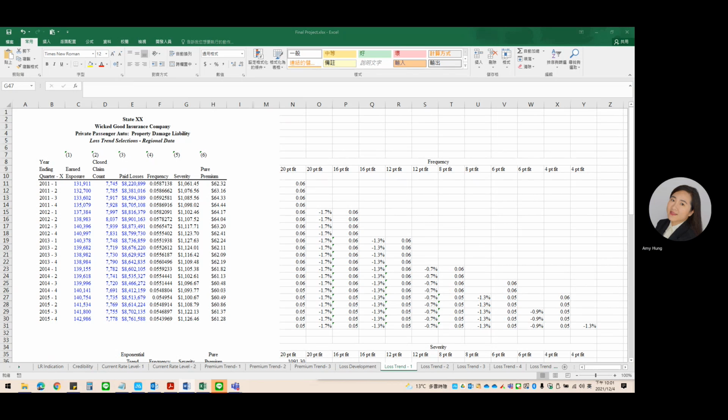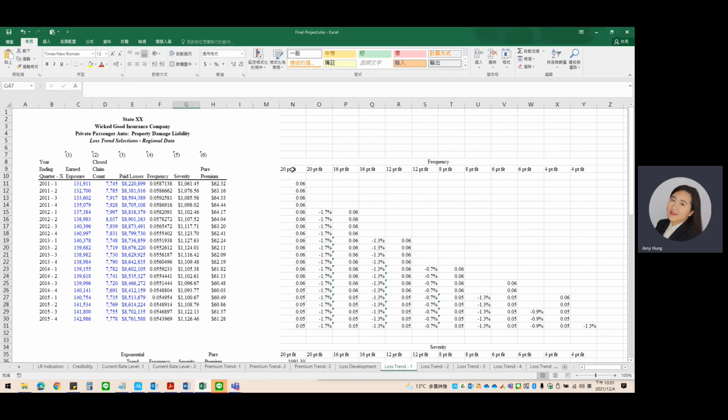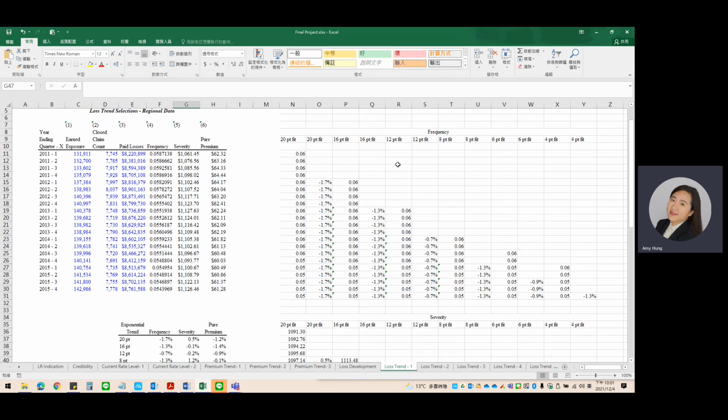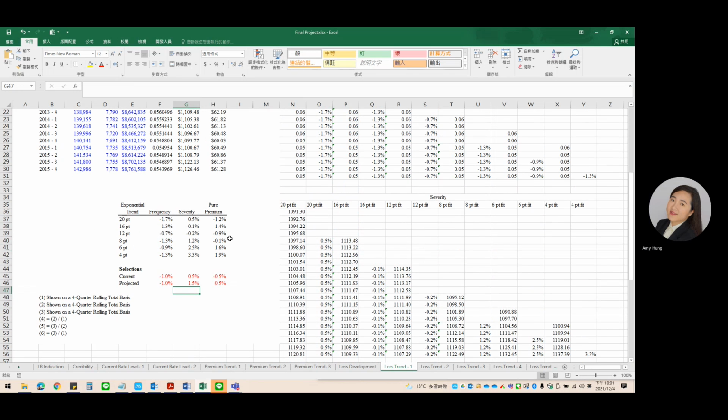For the current trend, we also consider different points from 2016, 12, 8, 6 and 4 points to observe the frequency, severity, and pure premium trend. All the current and projected selections are based on the exponential trend between different points.